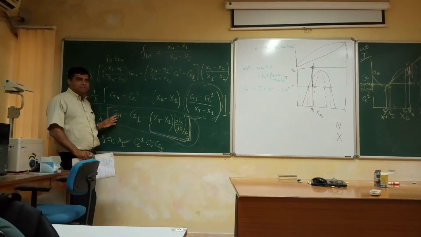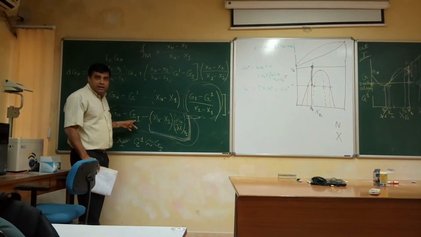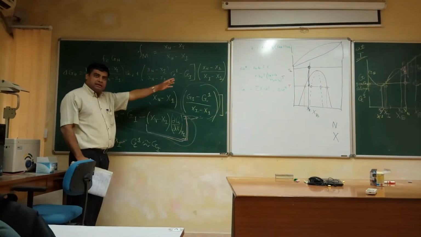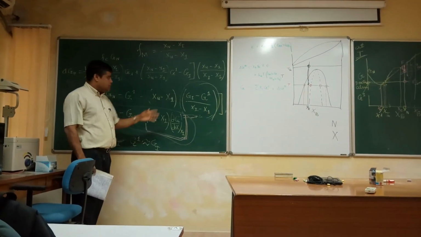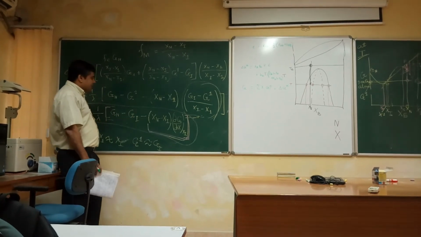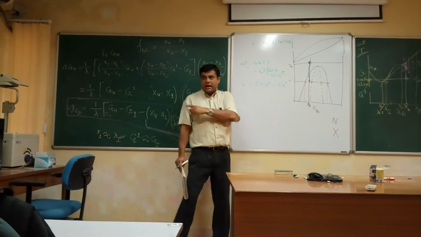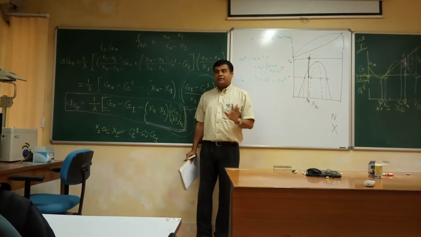The Gibbs free energy will be given by this, and for the matrix composition Gibbs energy, use that equation. So you will get delta GV from this. Using those equations, you can get delta GV.